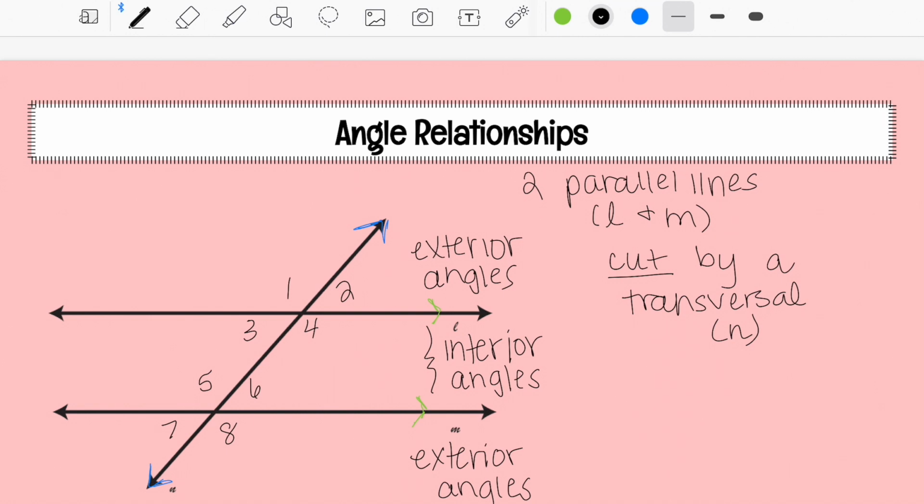So our interior angles would be angles 3, 4, 5, and 6, and our exterior angles will be 1, 2, 7, and 8. And if you think back to my wonder about if these have specific names, they actually do. They have specific names and very specific angle relationships, which we are going to move right on into.